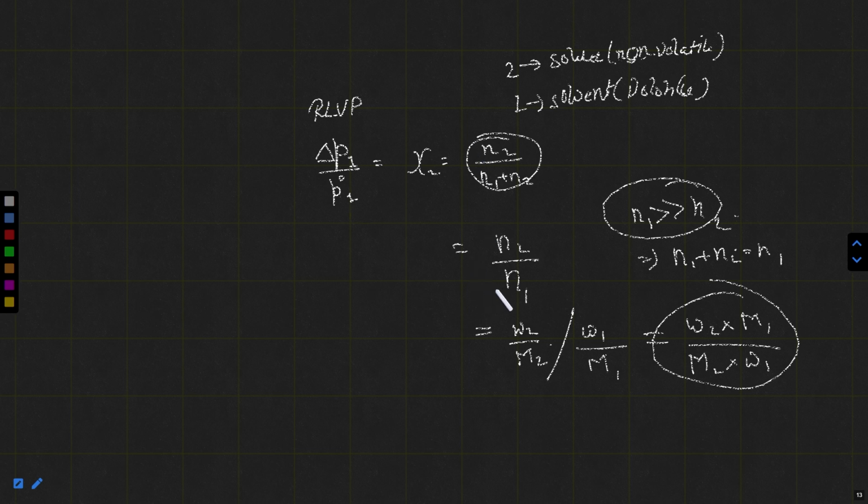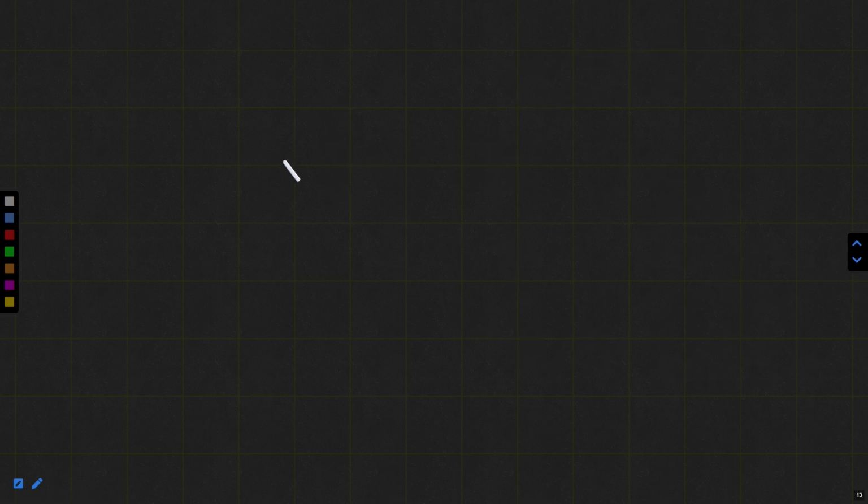And the next colligative property was osmotic pressure. Osmotic pressure is the pressure that we apply so that we can stop the flow from lower concentration to higher concentration.